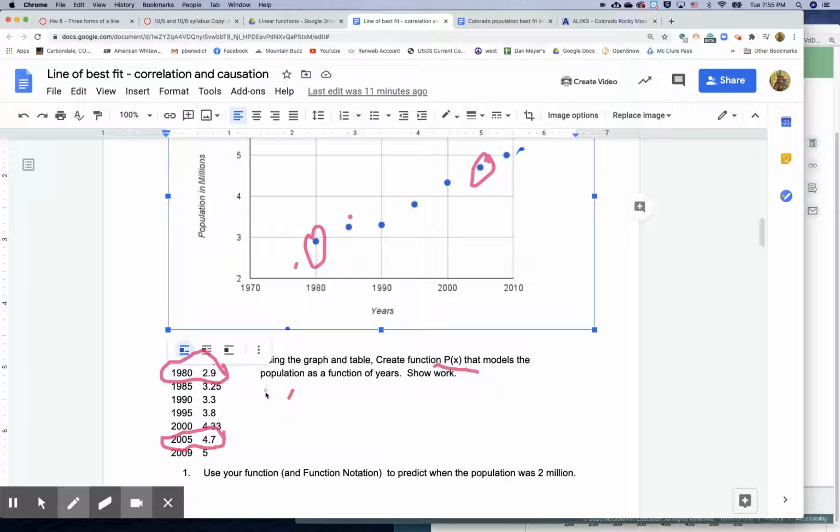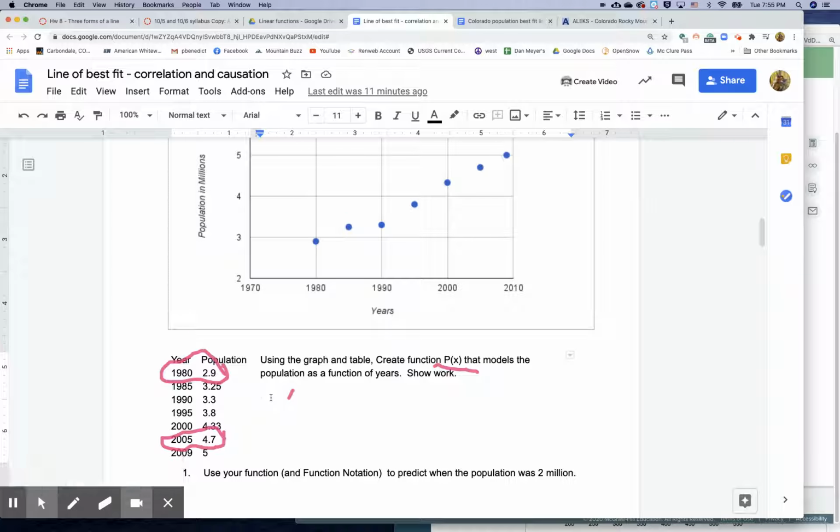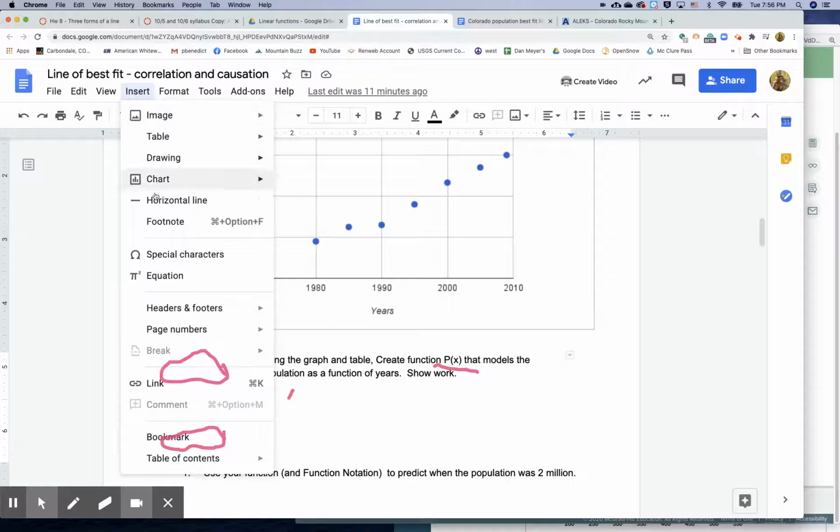Okay, so the first thing I'm going to do is I'm going to find my slope. I might actually just type this out. I'll do my little insert equation thing.